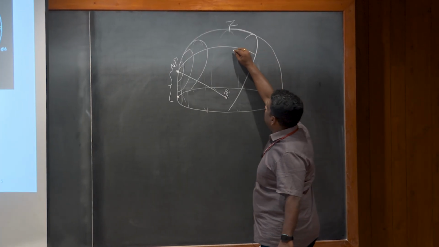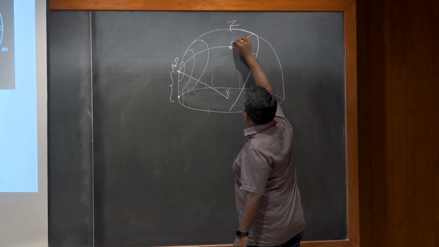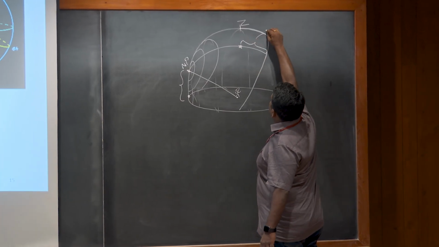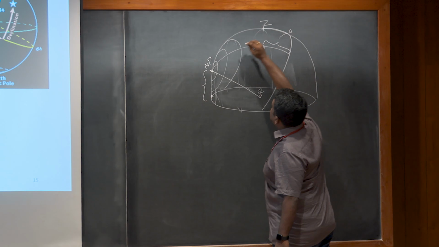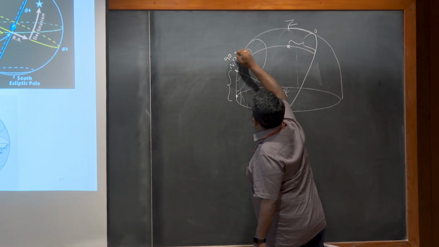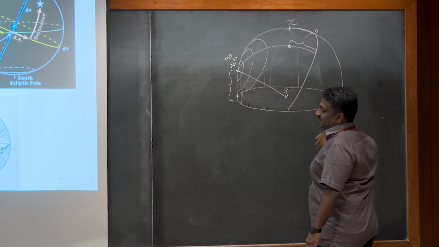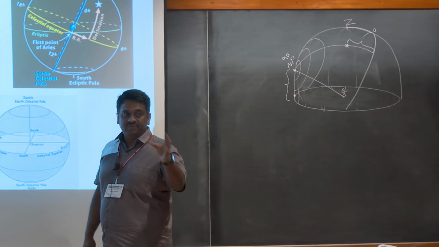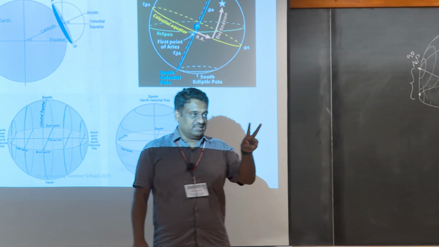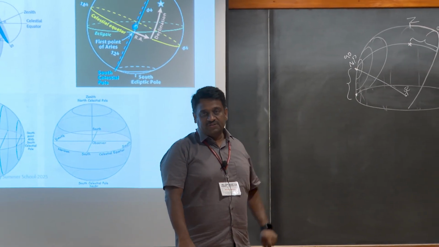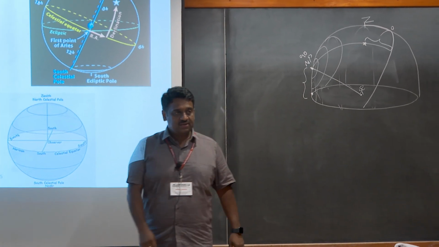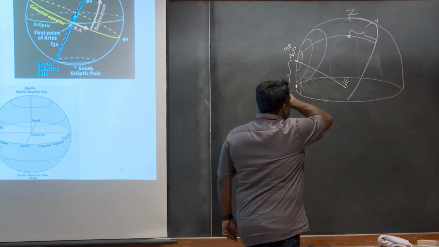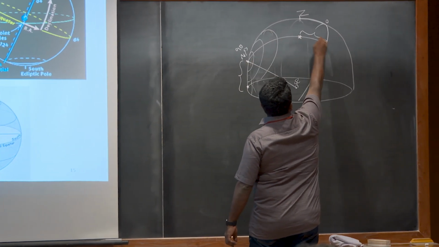Okay, if a star is here, the declination will be this, where this is 0 declination, this is 90 declination, and the other side is minus 90 declination. So you have RA and declination, two coordinates to fix the position of the star in the sky, right?